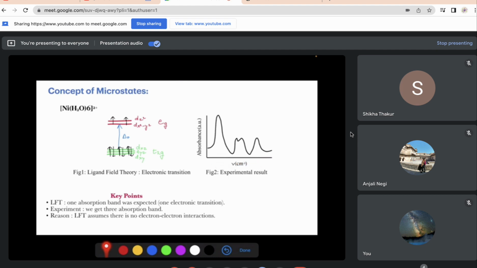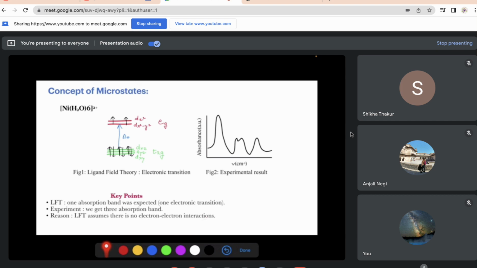So the key point here is that from ligand field theory we expected only one absorption band, that is one electronic transition, but through experiment we get 3 absorption bands. The reason behind this is that LFT assumes that there is no electron-electron interaction.